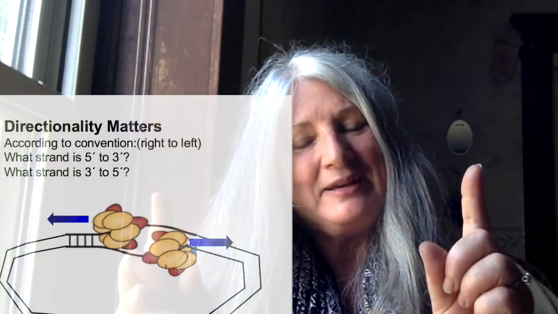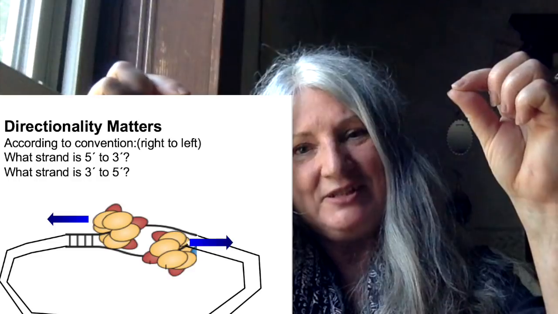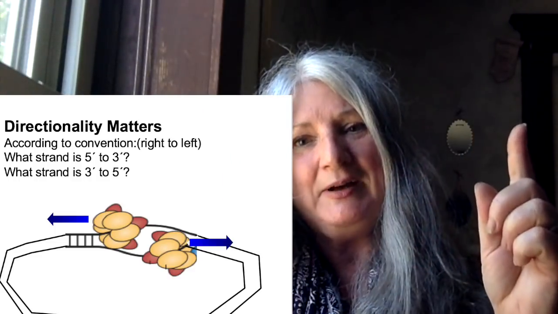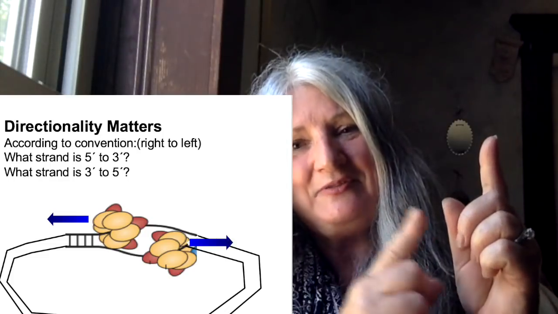This brings up a problem. We know that DNA is synthesized 5' to 3', and the DNA template is read 3' to 5'. But remember the convention? The top strand is 5' to 3', and the bottom strand is 3' to 5'.